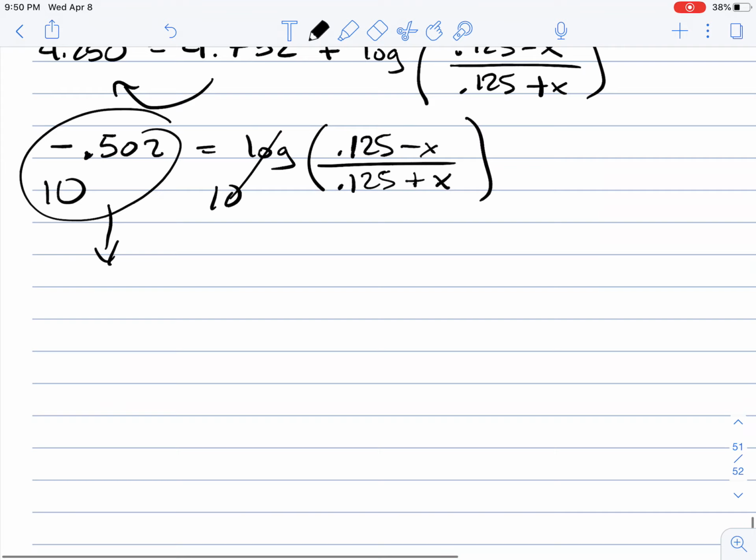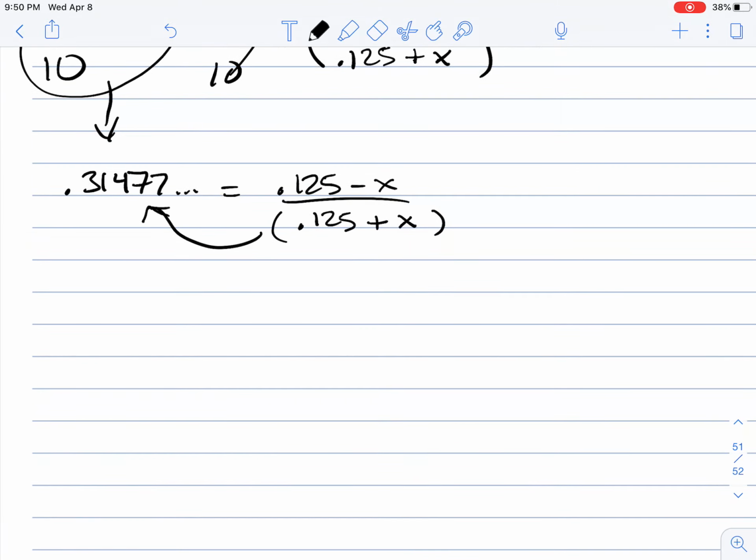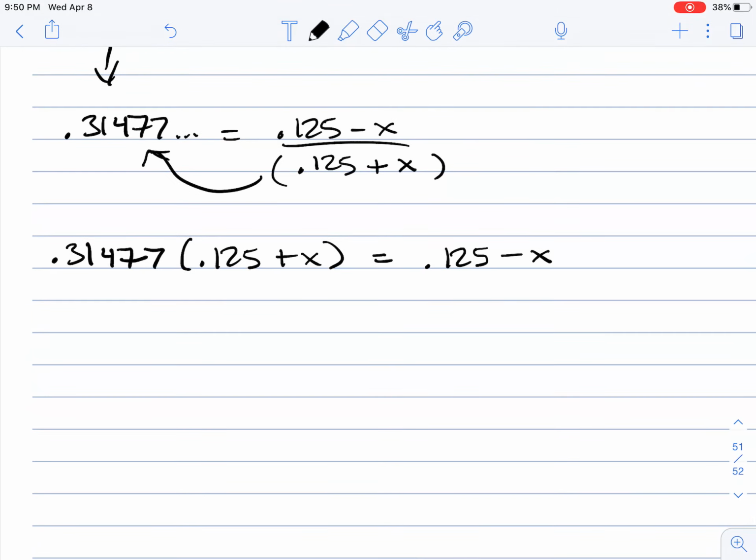I'm going to punch that into my calculator, and I'm going to get 0.31477, a whole bunch of numbers. That's going to equal 0.125 minus x over 0.125 plus x. I'm going to take this whole term and multiply it to the other side. So I get 0.31477 times 0.125 plus x, which equals 0.125 minus x. So I'm going to go ahead and distribute.